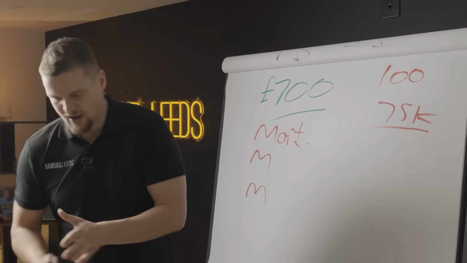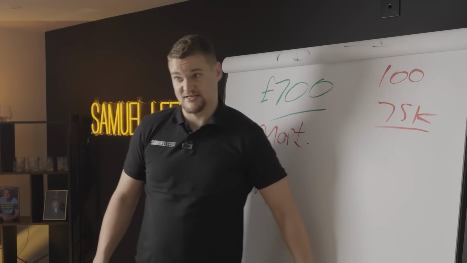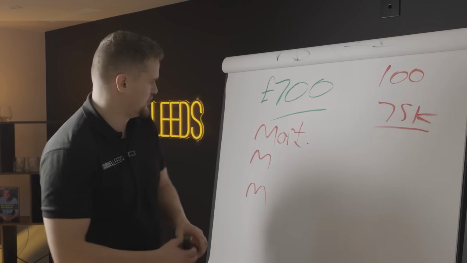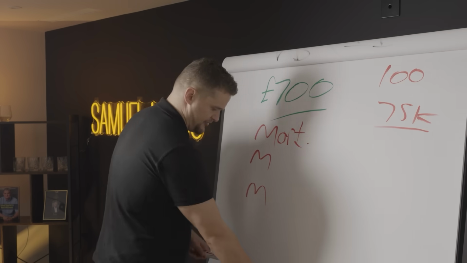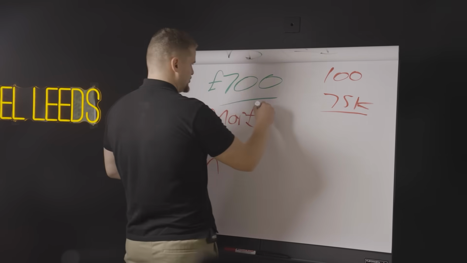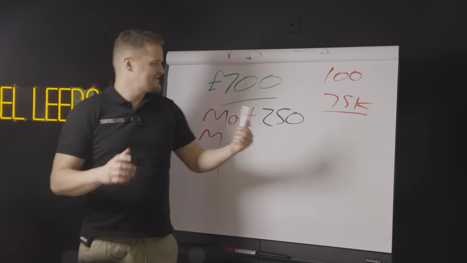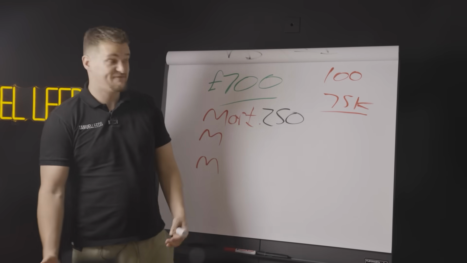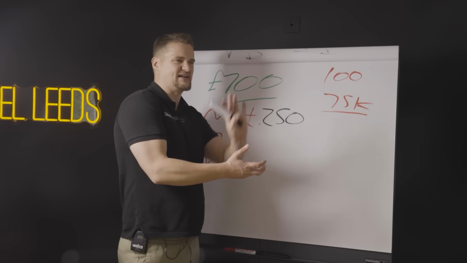So if I've got a mortgage of 75 grand, my interest on that at 4% is £250 per month. Now, you may choose a repayment mortgage, and any addition to 250, you might choose to pay 500. But that's just me choosing to put some of my profits back into paying off my mortgage.